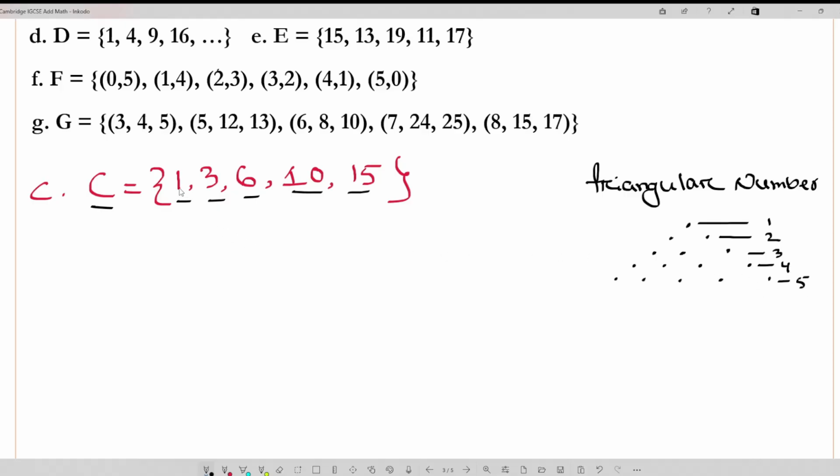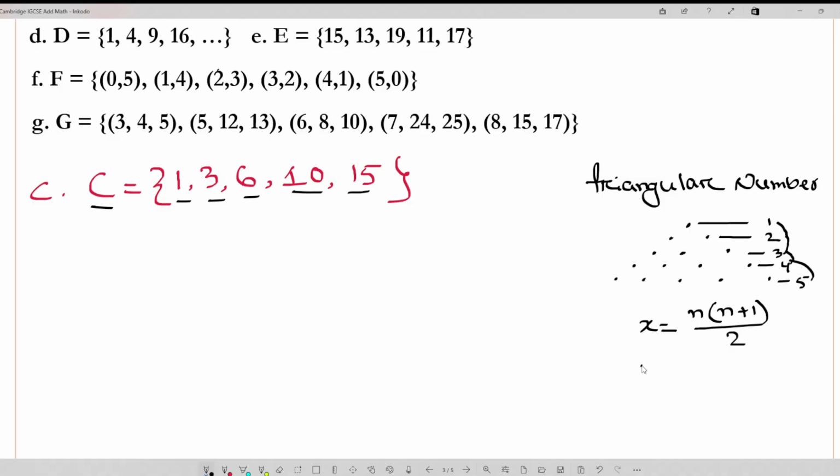But now look, 1, 3. The first two numbers once we add will become 3, and the next 3 once we add 1, 2, 3, it means 6. Once you add another 4, it will become 10. Once you add another 5, this will become 15. It means, very simple way, we can say x equals n times (n plus 1) divided by 2.